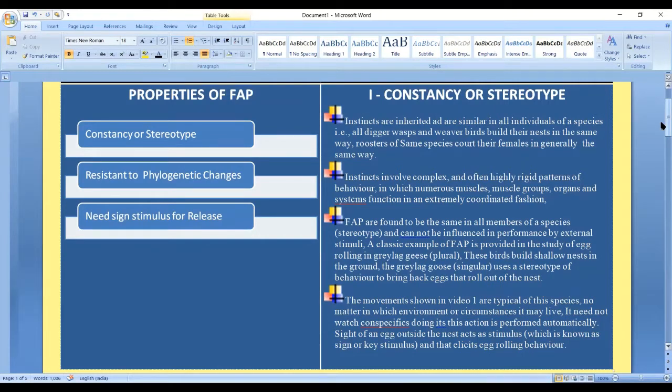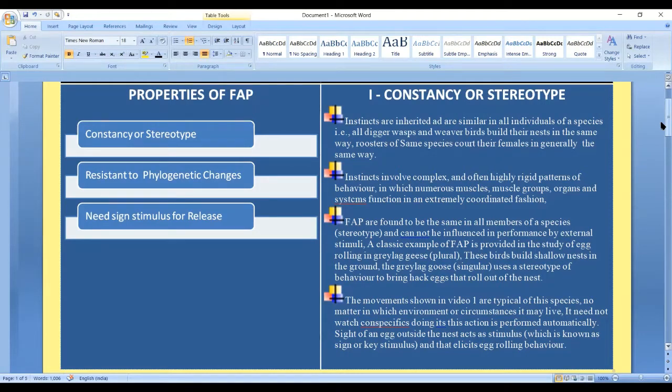So the instinct involves very precise movements of muscles, organs and various systems. But these are wired into the genome, and all individuals of the same species perform the same type of instinctive behavior. So it is constant or stereotype in all individuals.